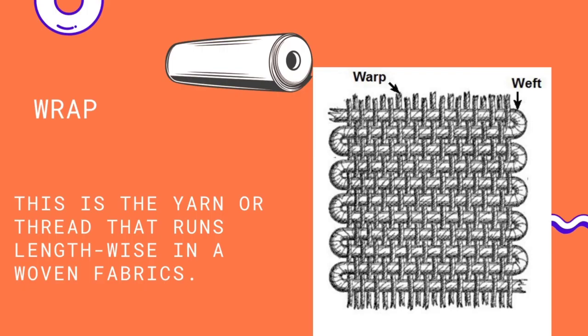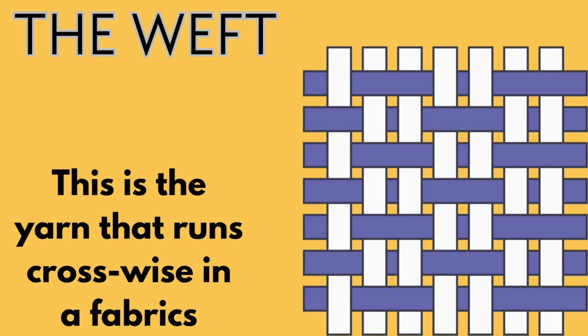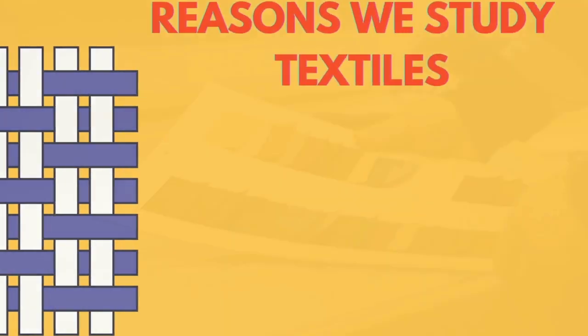Now to the warp. The warp is the yarn or thread which runs lengthwise in a woven fabric. It is parallel to the selvage. Now the weft. This is the yarn that runs crosswise in a fabric. It runs at right angles across the selvage.